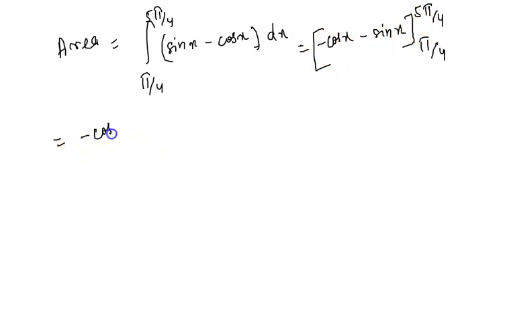So first of all, we will put the upper limit, guys, and the upper limit is 5 pi by 4. So we put 5 pi by 4 instead of x: minus cos 5 pi by 4 minus sin 5 pi by 4. Okay, and now I am going to subtract. After multiplying with the negative sign, it will be positive.